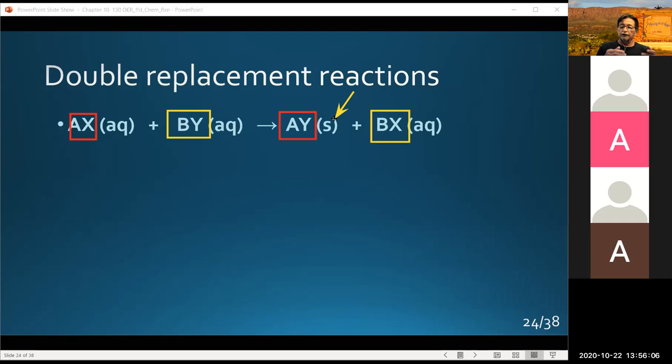If both products are soluble, no reaction. All they did was exchange partners. A good example is when you have two clear liquids, everything in solution, and when you put them together, you form a precipitate and get a cloudy material. If you let it sit, you'll see the solid settle to the bottom of the container. That is a positive reaction.